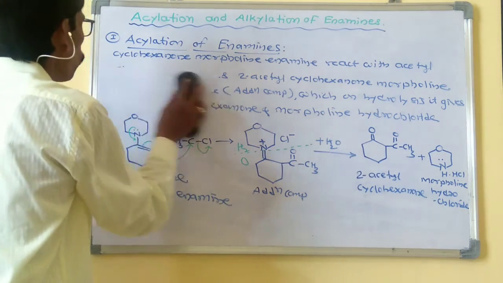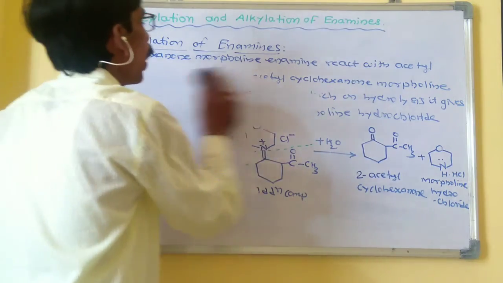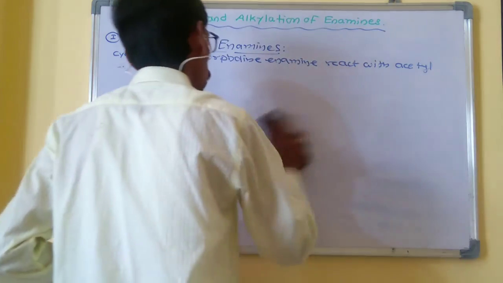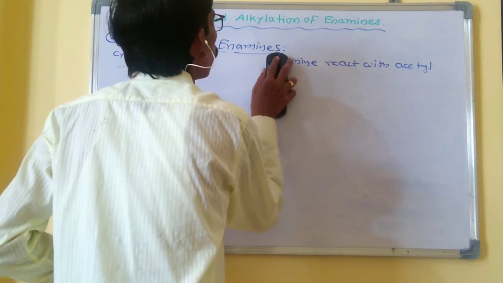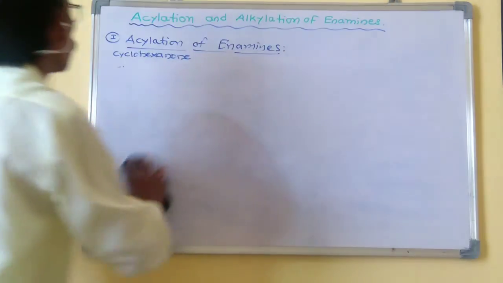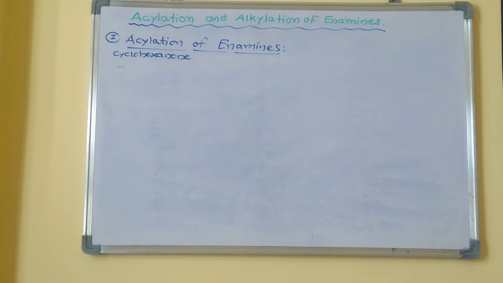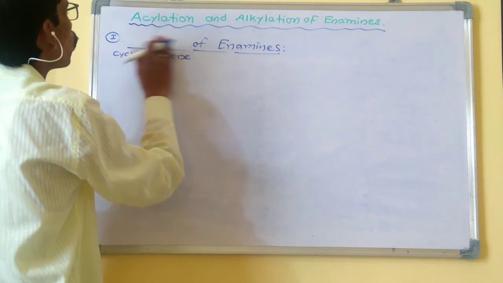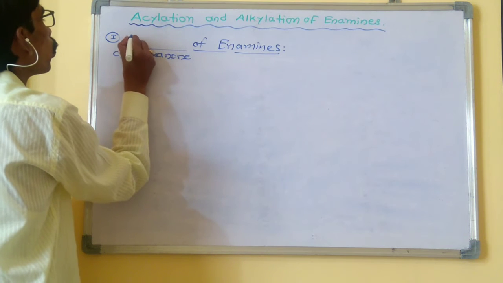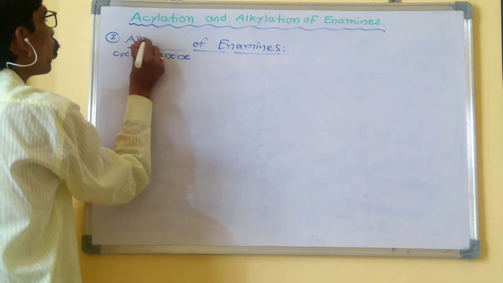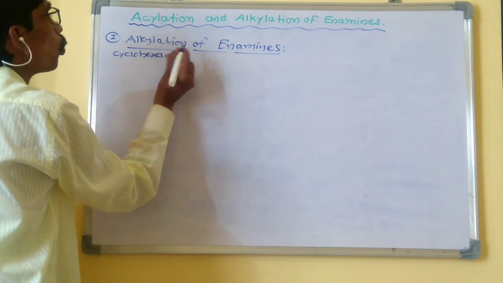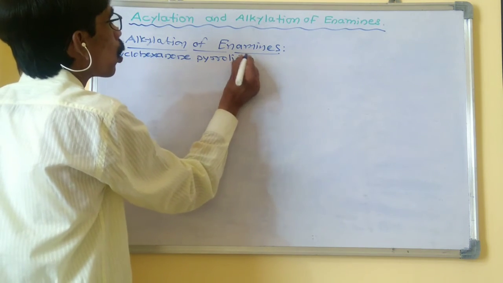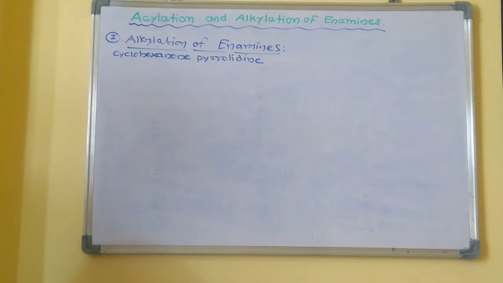Now the second reaction is the alkylation of cyclohexanone pyrrolidine enamine.